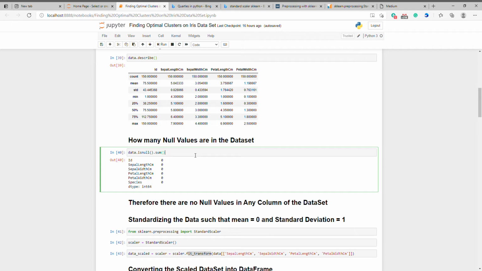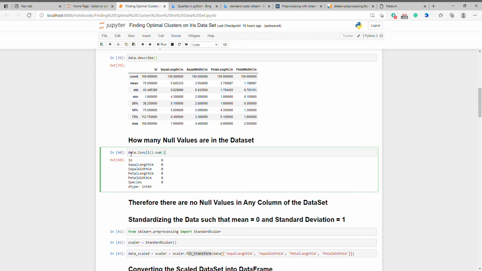Now I have to find whether there are any null values in the dataset. If there are any null or missing values, then as data pre-processing I have to replace those null values with the mean value of each column. But for this reason I have to check whether any null values are present in the data or not.